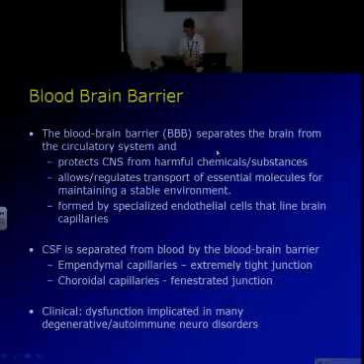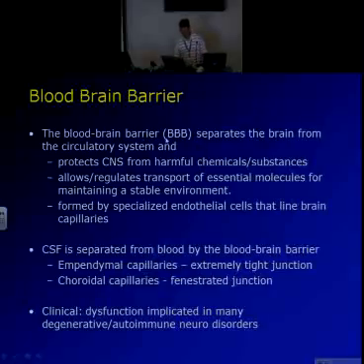Blood-brain barrier, and really, as I said earlier, this is all about your pharmaceutical, and we talked about neurodegenerative disorders, and this is a huge area or frontier as far as preventing or containing neurodegenerative disorders.